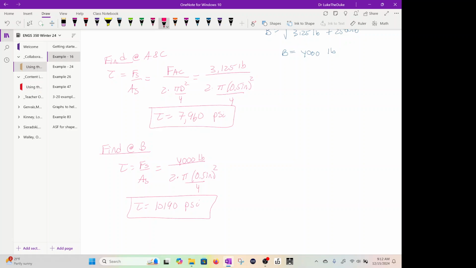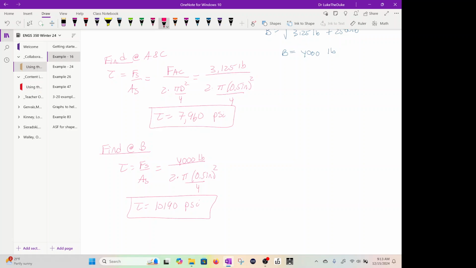Okay. So this is an example of direct shear stress.